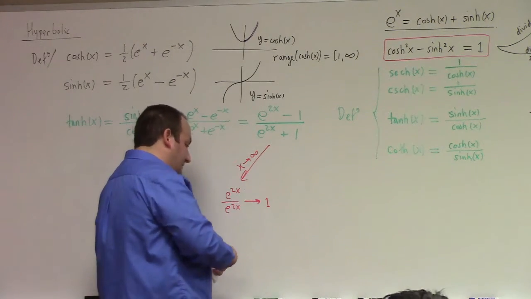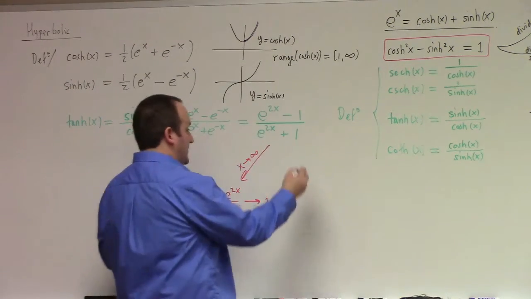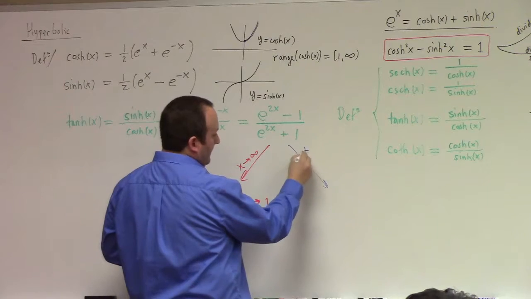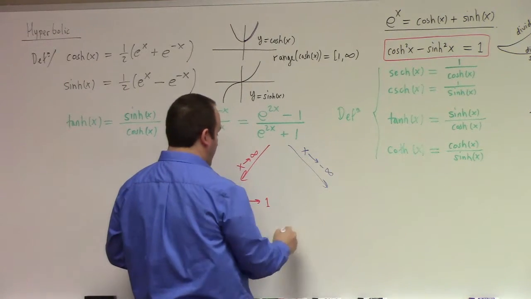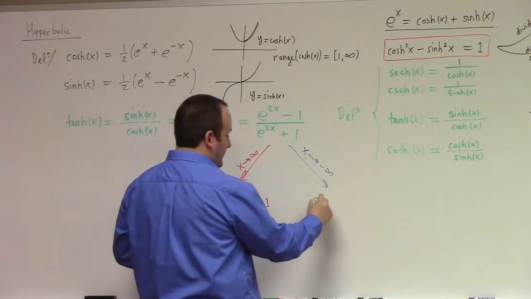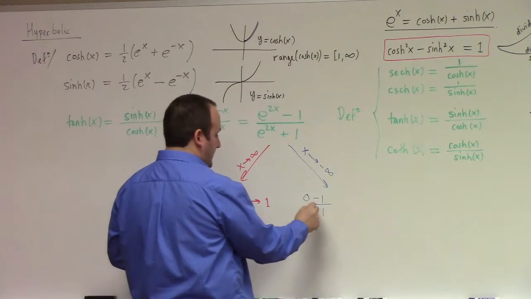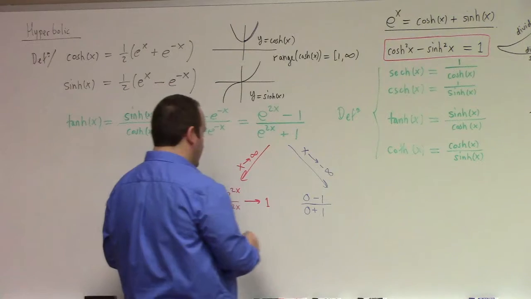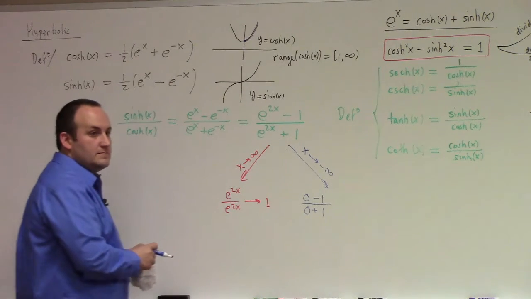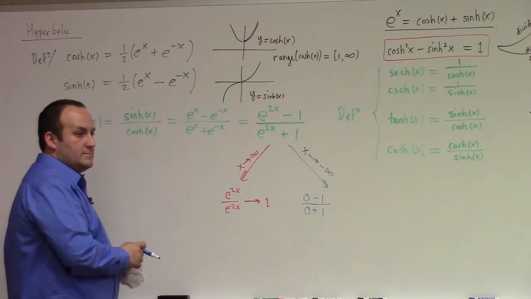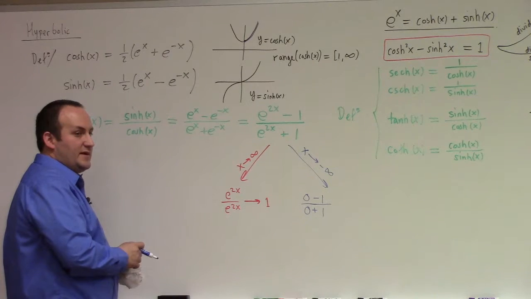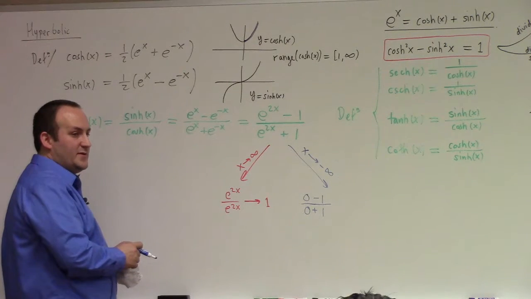On the flip side, if x goes to minus infinity, what happens to this formula? It eventually just looks like minus 1 over 1, because the exponentials are tending to 0. As x goes to minus infinity, e to the minus twice infinity is very small.